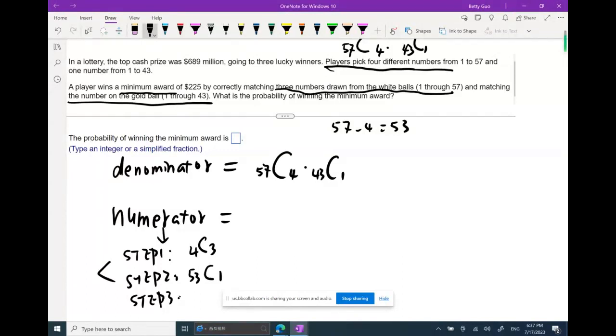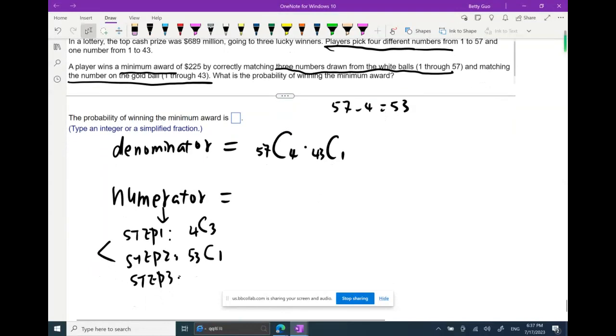In order to win the minimum award, you pick 3 matching numbers from the 4 matching numbers, and pick 1 non-matching number from the 53 unmatching numbers. Does that make sense? And step 3 is to pick the gold ball.